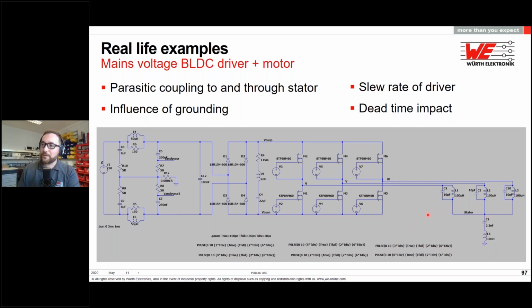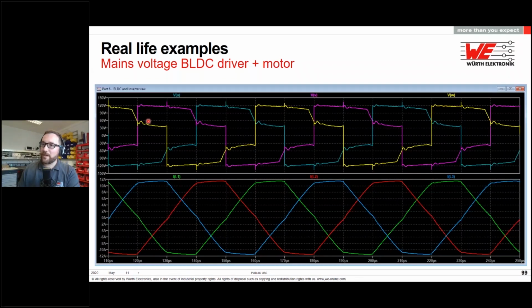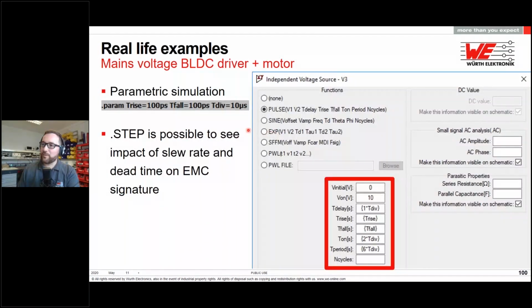There is a lot to say, and there is a lot of different ways to model the BLDC. But here, really, we can see that we have voltage spikes which can contribute to the interference. The BLDC driver will be available for download if you want to go further also.